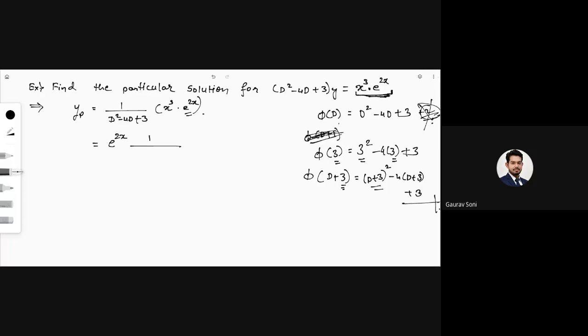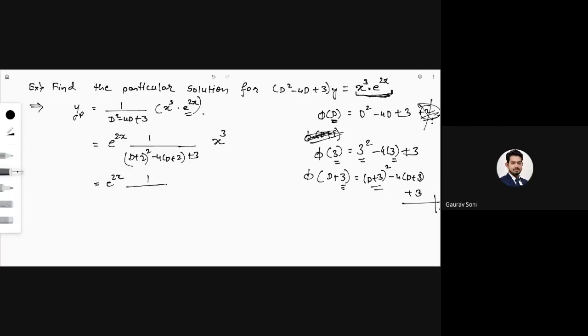That rule says that d जहाँ जहाँ है वहाँ पे तुम्हें क्या रखना है? d plus 2. So in this case, you have taken e to the power 2x outside. So first term will be d plus 2 square minus 4 d plus 2 plus 3. I hope I have made myself very clear about this. Yes, sir.